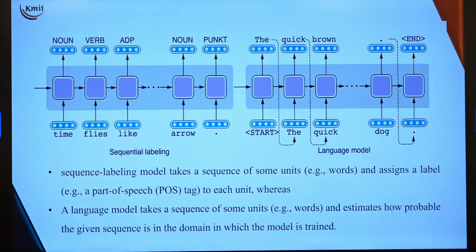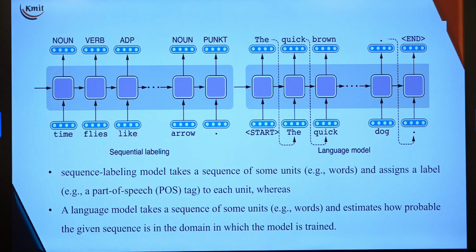For example, when I want to translate text written in one language to another language, we need a model to take the sentence and produce another sentence as output. Can we do this with language models, or with sequential labeling alone? The answer is no. Why?